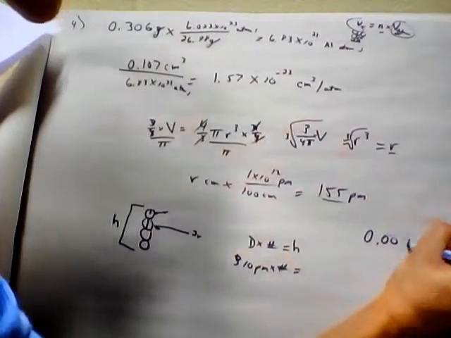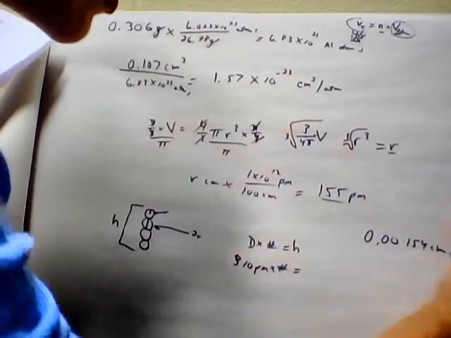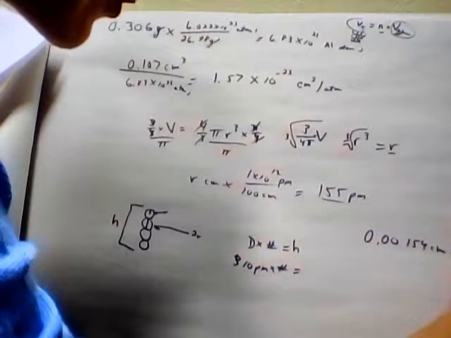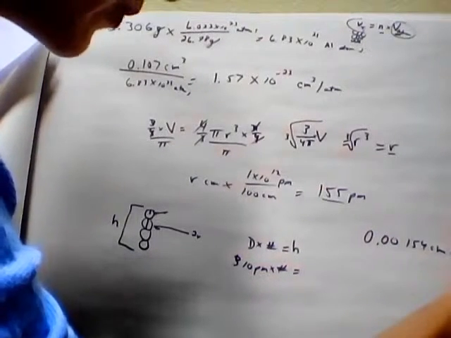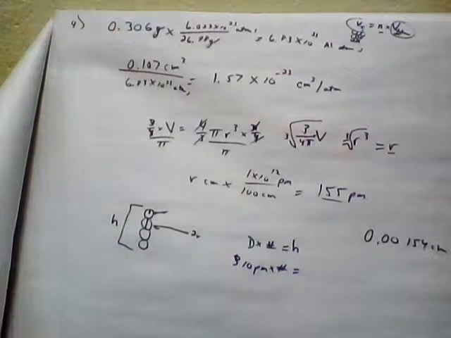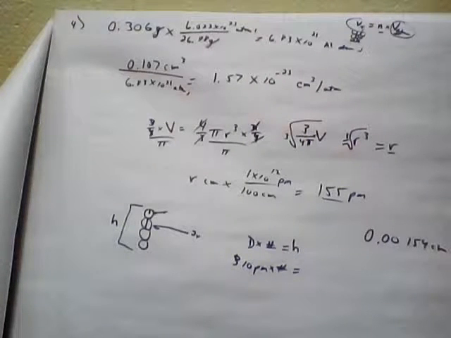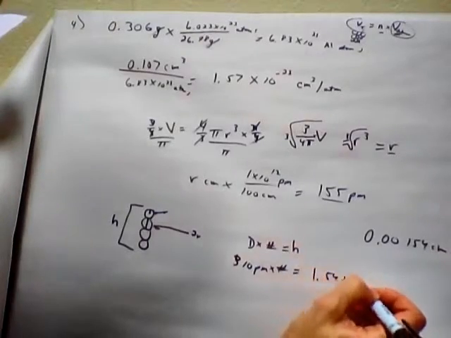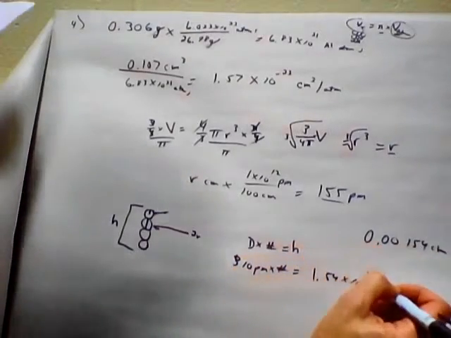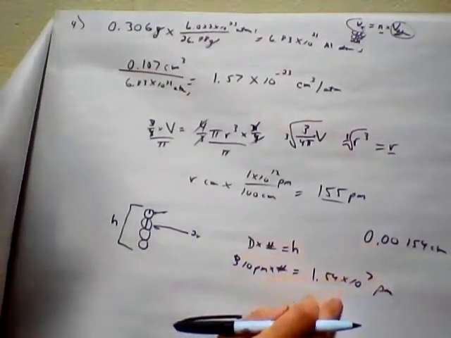Let me do a real quick conversion here. Centimeters to picometers: 100 centimeters times that picometers. So 0.00154 times 1 times 10 to the 12th divided by 100. In scientific notation, that's 1.54 times 10 to the 7th picometers. So this is my thickness reported in picometers.